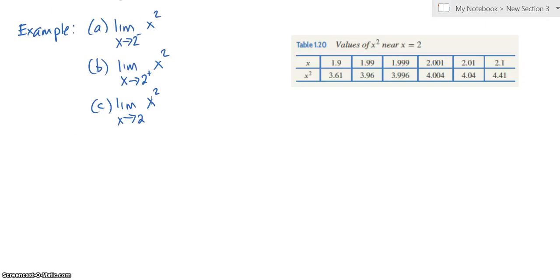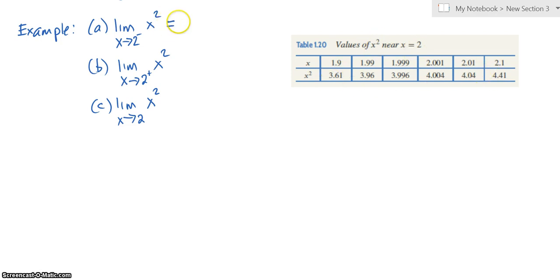Okay, let's just look at a couple simple examples. So here is a table of values near x squared. So it starts with 1.9, 1.99, 1.999, and then it does 2.001, 2.01, and 2.1. So if you take your calculator and put 1.9 in for x squared, you should be able to get these values.